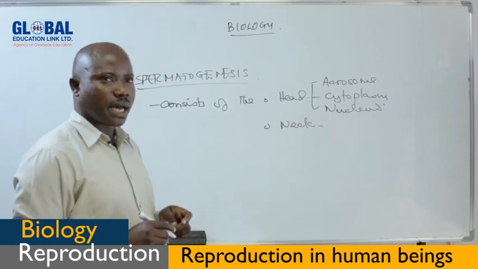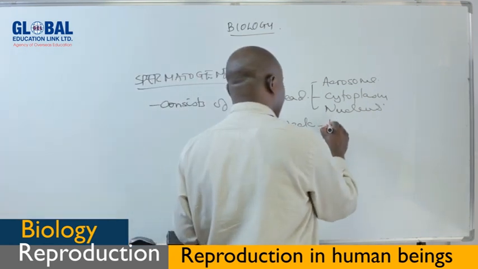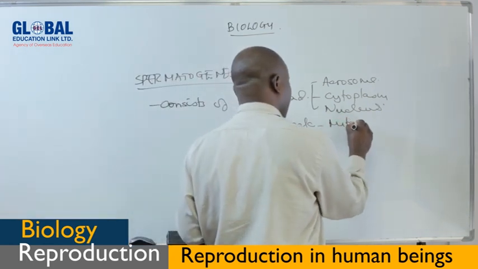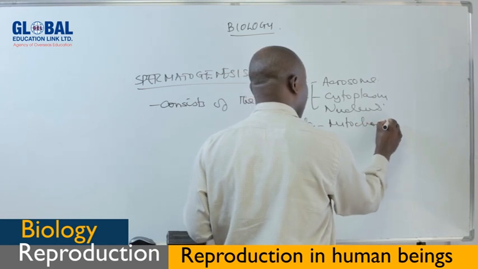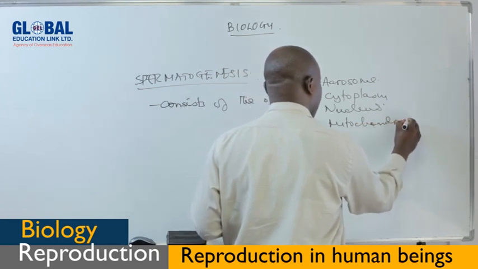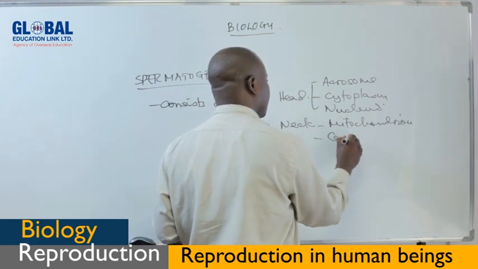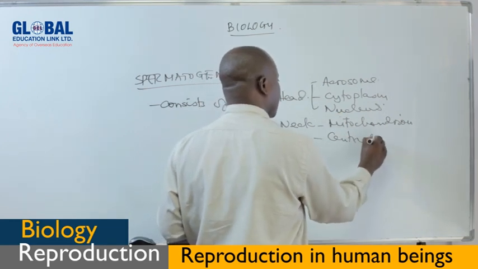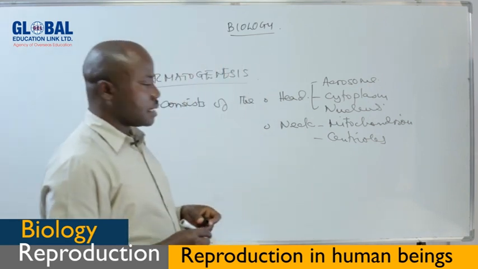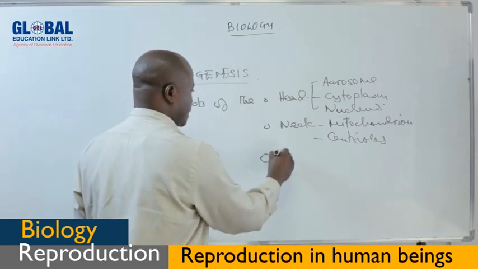Within the neck there are mitochondria and centrioles. Then you have the tail.